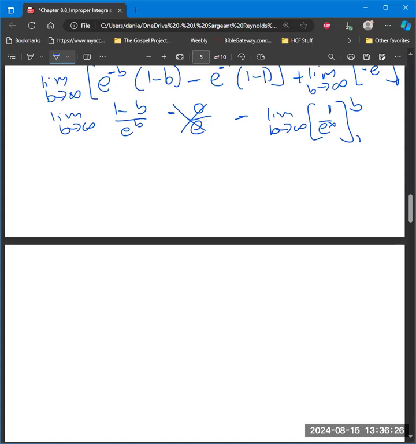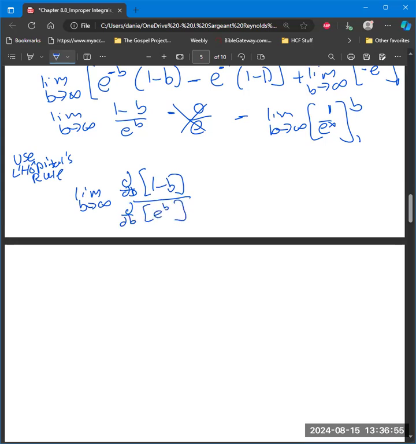So L'Hopital's rule here: limit as b goes to infinity, and I want the derivative with respect to b of 1 minus b over the derivative with respect to b of e to the b.